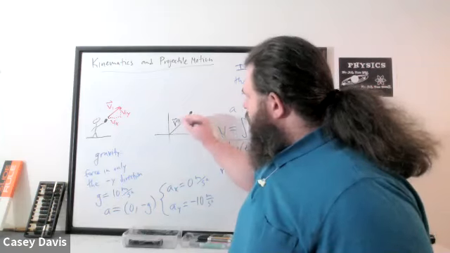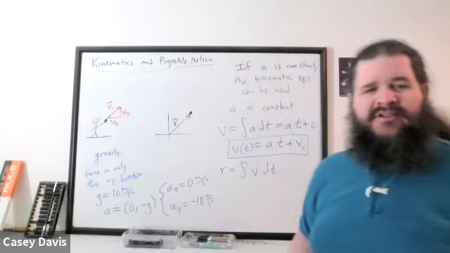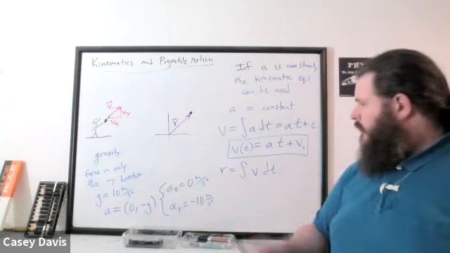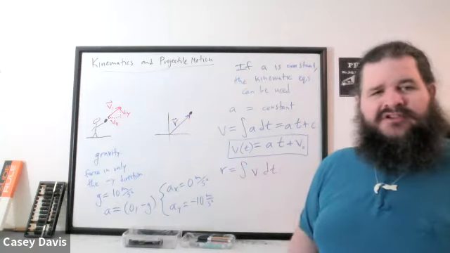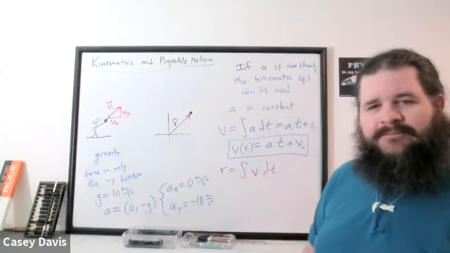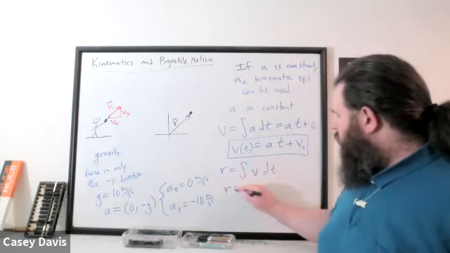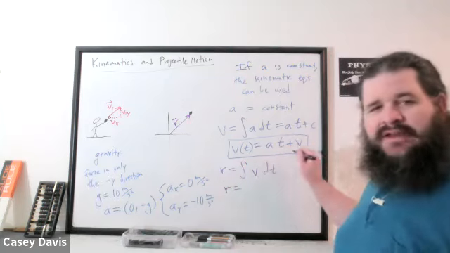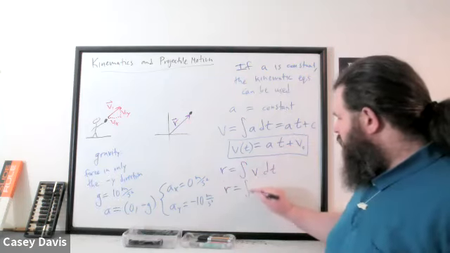So we usually call position r if we're talking about position as a vector. So r in this case just represents position, where the object is. Position is the integral of velocity, and we now know that velocity is this linear function, at plus v naught.